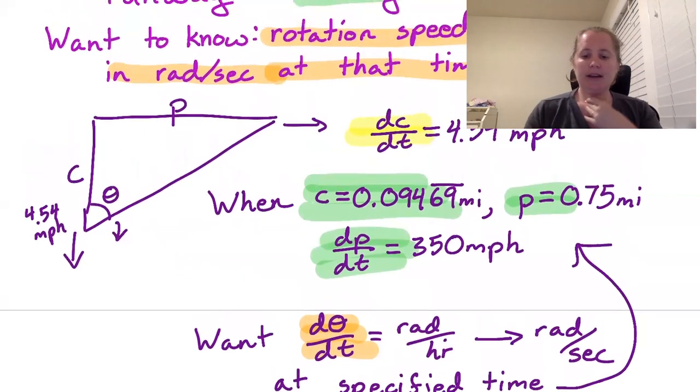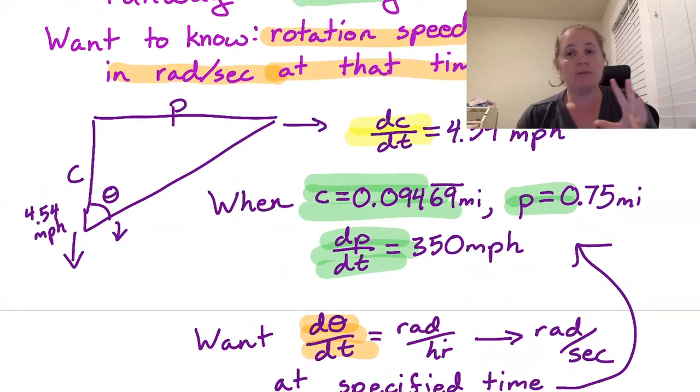So this is everything we have in sort of formula. Again, notice that I'm specifying what units I'm working with. You can also just write out your variables and say, P is this distance in miles, C is this distance in miles. We have the rate of change in miles per hour. It's just somewhere you need to have it very clear what it is you're measuring and the units you're working with, right?